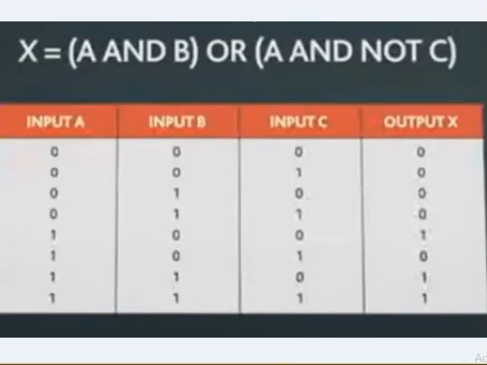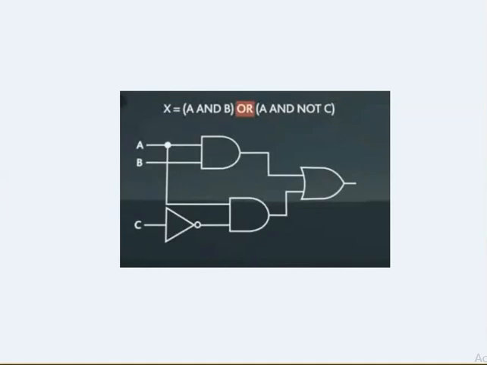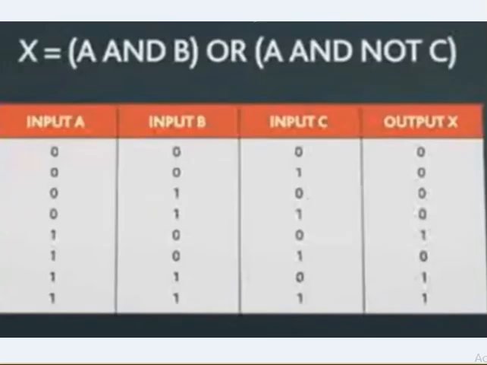Right. Now here, how many inputs? A, B, C. 3, no? Then how many combinations? 8, 0 to 7. First we need to write like this.